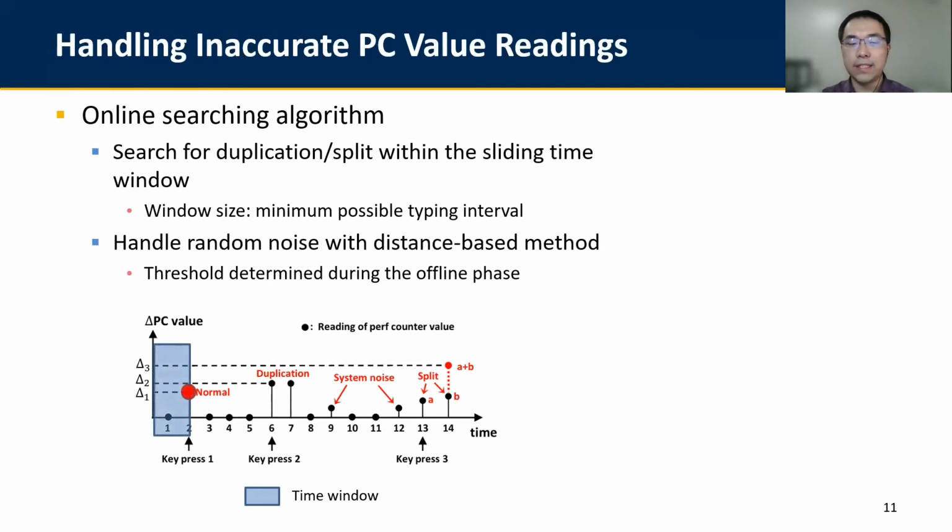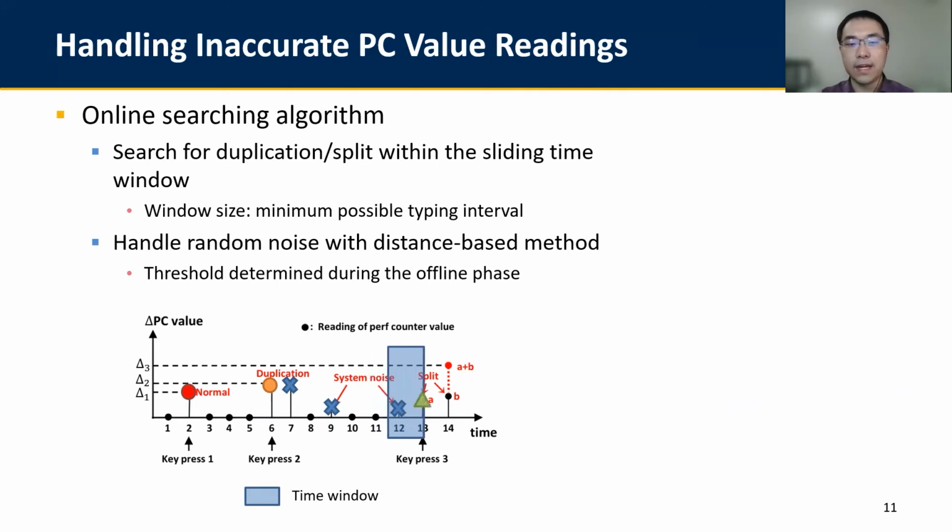First, if the reading at time 6 is considered as a valid key press, then the next reading at time 7 within a sliding time window nearby will be considered as invalid to eliminate any possible value duplication. Second, readings at time 9 and time 12 are too far away from any pre-recorded values during the offline phase, and hence they are considered as system noise.